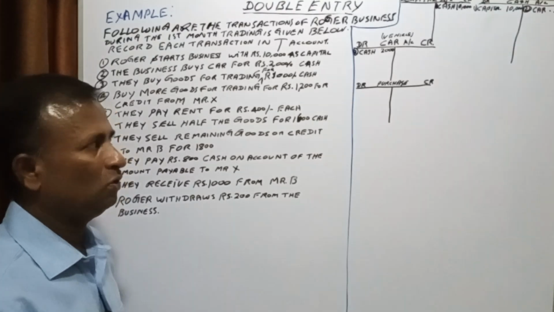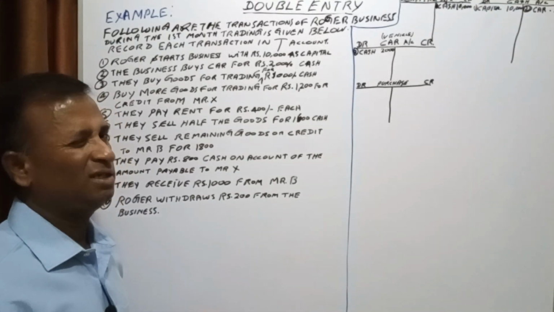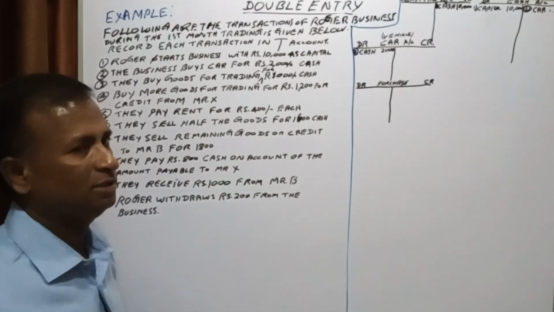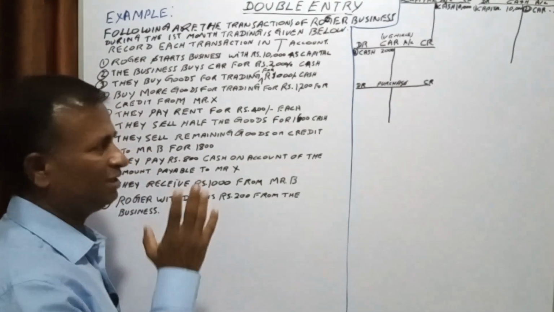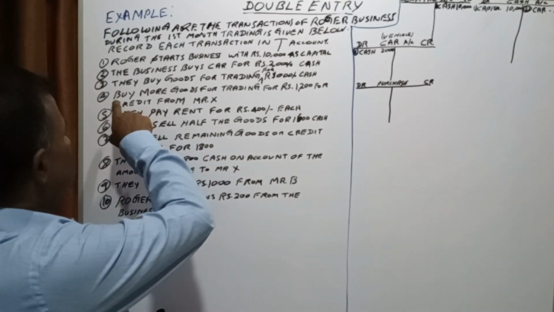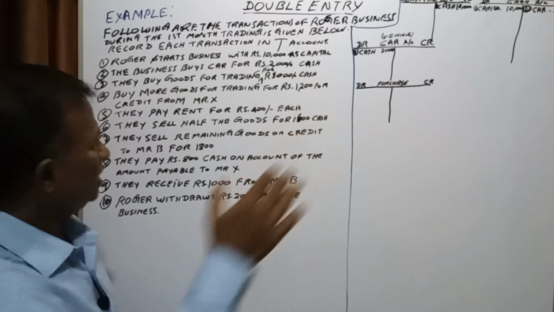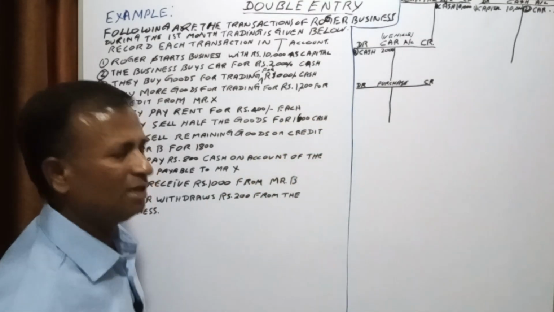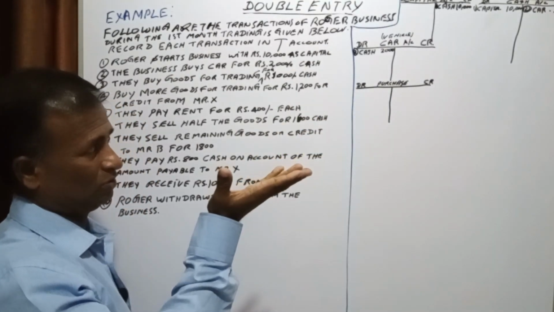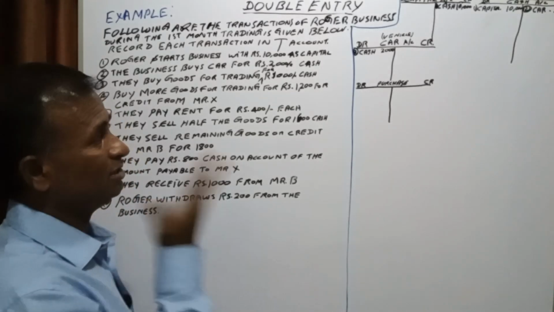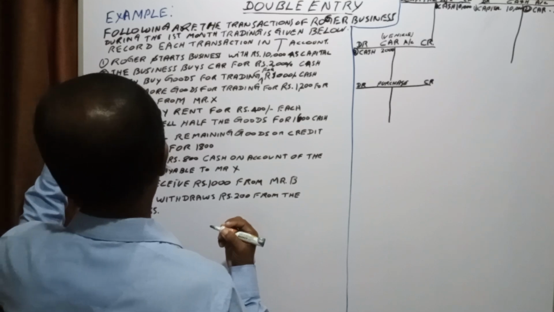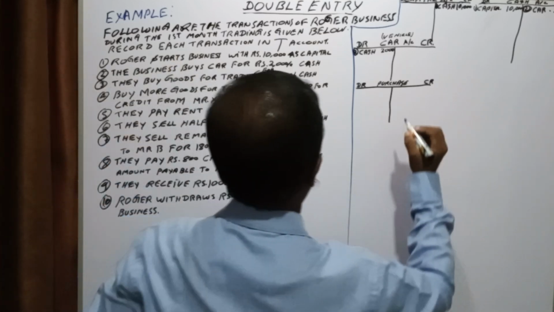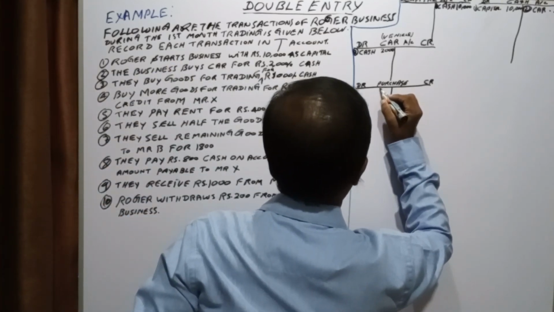So goods are a current asset. What is happening for this particular adjustment? Goods are coming in, so there is an increase in goods. If there is an increase in asset, we will pass a debit entry. We are purchasing for 1000.